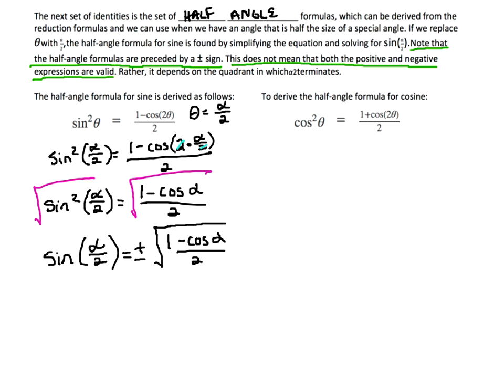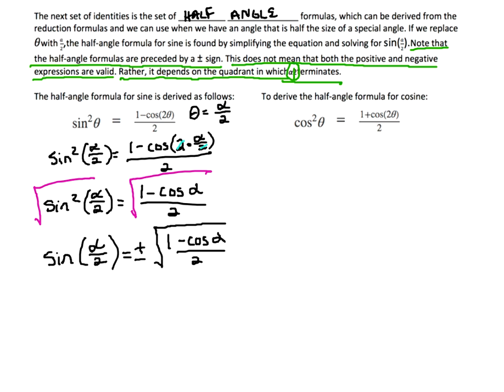Rather, it depends on which quadrant. Oh, that should say alpha over 2. I missed that when I was fixing the formatting. Alpha over 2 terminates. So you've got to pay attention to what quadrant when you're actually using these formulas to figure out, okay, should I be taking the positive or the negative value of this?